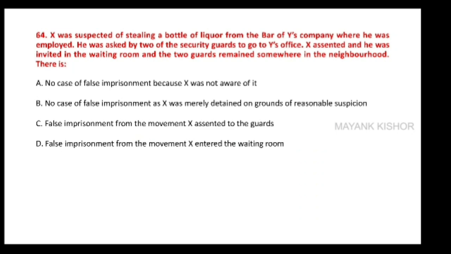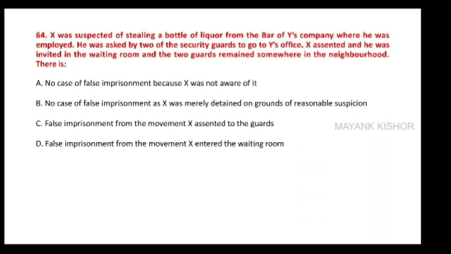Next question, question number 64. It's a problem based question. X was suspected of stealing a bottle of liquor from the bar of Y's company where he was employed. He was asked by two of the security guards to go to Y's office. X assented and he was invited in the waiting room, and the two guards remained somewhere in the neighborhood.